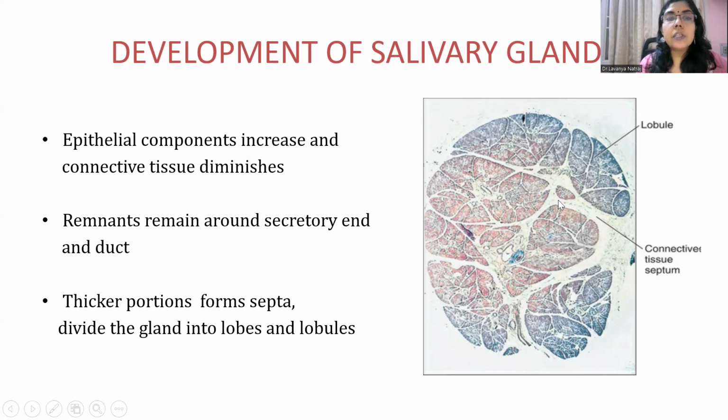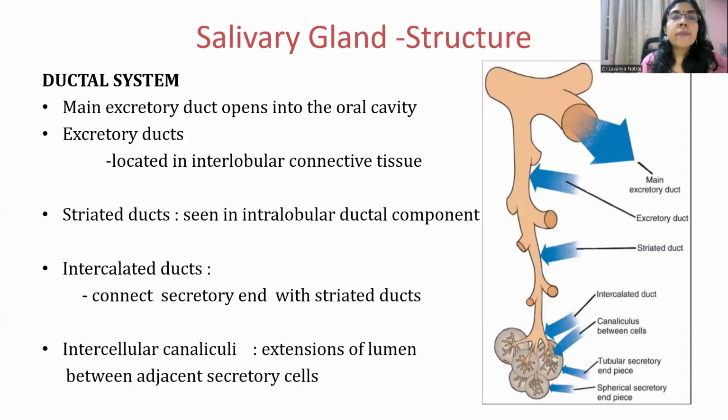This connective tissue remains around the secretory end part and the ductal cells. The thicker portions of the connective tissue form septa, as you can see in this picture, that divide the gland into lobes and lobules, smaller lobes and larger lobules. So that is the structure of a salivary gland, which is lobular or glandular in nature, just like a bunch of grapes.